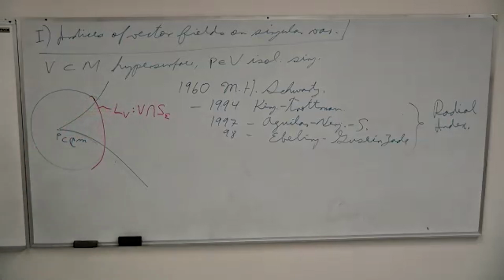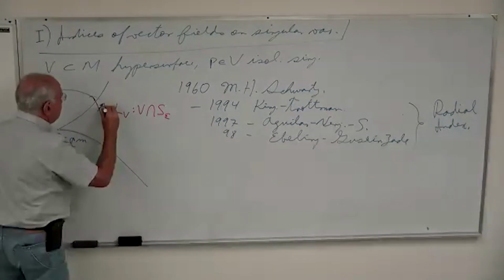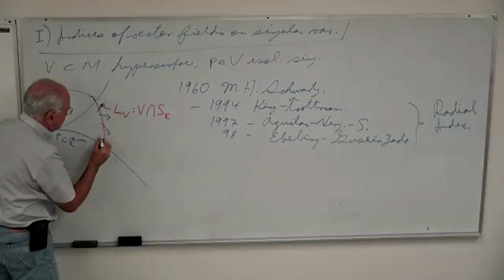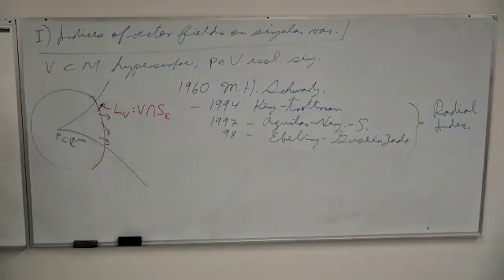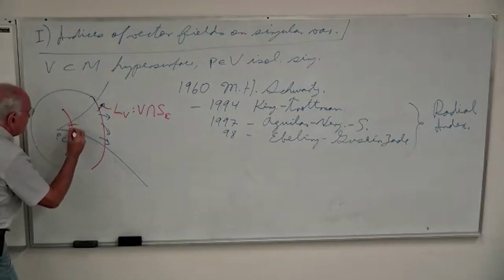Now, you can consider here the vector field in question, which is non-singular on the link. It has an associated singularity here. And now you take a smaller link, and here you put the radial outwards pointing vector.